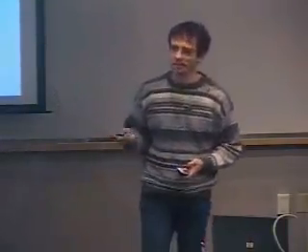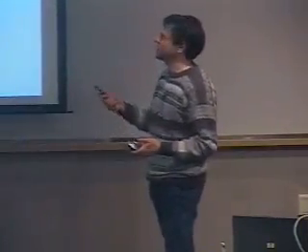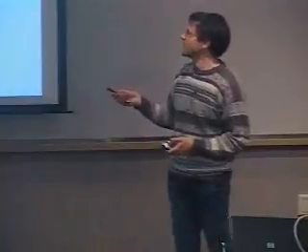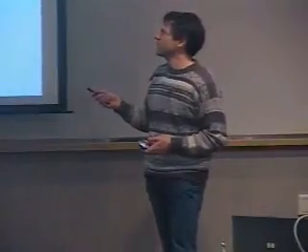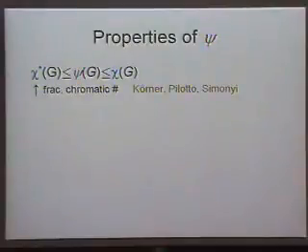So local chromatic number is at most as big as the chromatic number, because if you color the graph with like 100 colors, then in every neighborhood you can have at most 99 of them, because the color of that vertex is not in the neighborhood. So that's the trivial part. The interesting part is that actually there are graphs for which this inequality is strict. We'll come back to that.